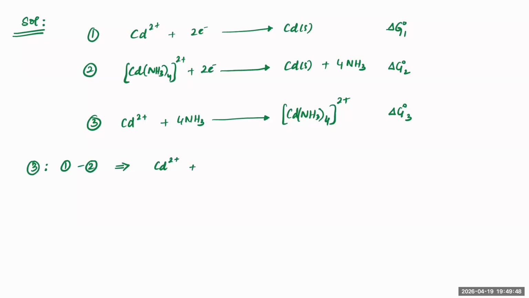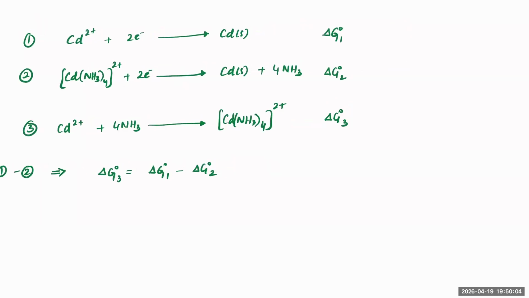Delta G naught 3 is equal to delta G naught 1 minus delta G naught 2. Now delta G naught 1 we can write as minus N1 F E naught 1.